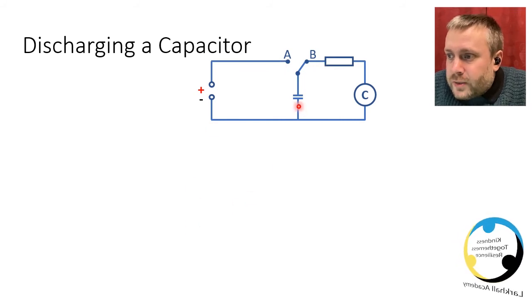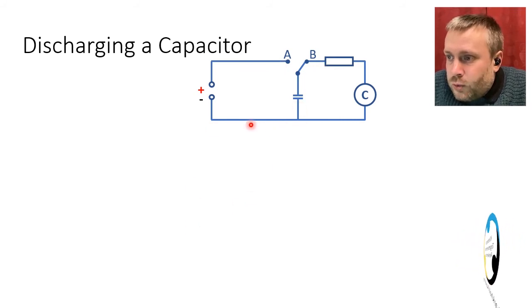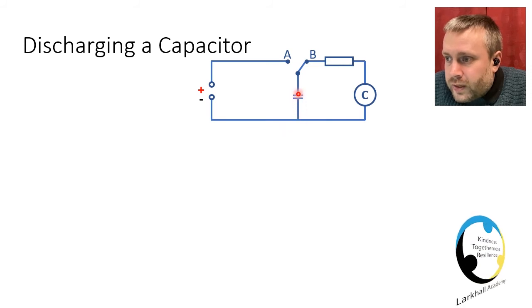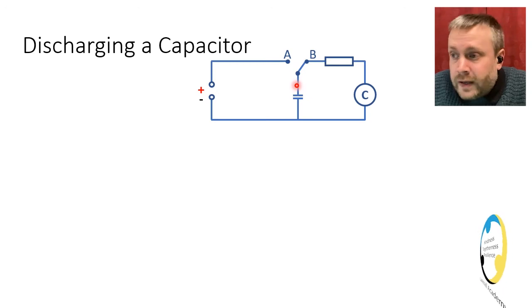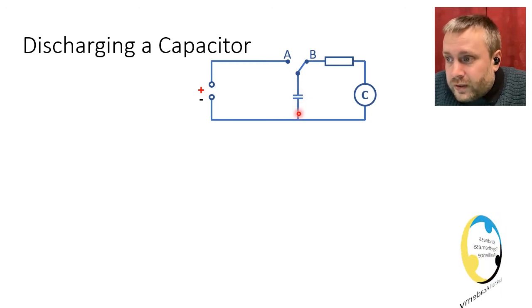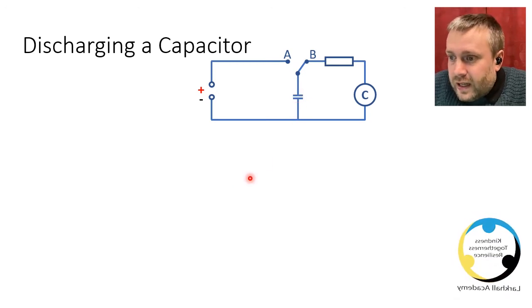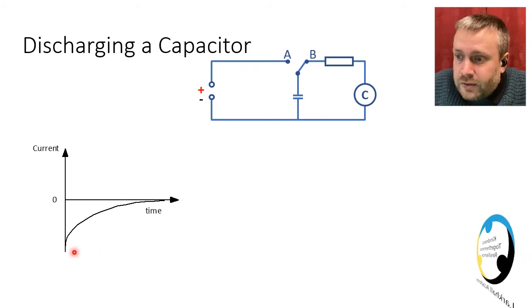Now what happens at this point in time, instead of the flow of electrons trying to flow up this way, we have the electrons here. They can't pass that barrier, we've still got that barrier there, so they have to flow in the opposite direction. So what we actually see is a curve which looks like this. We get a negative current.